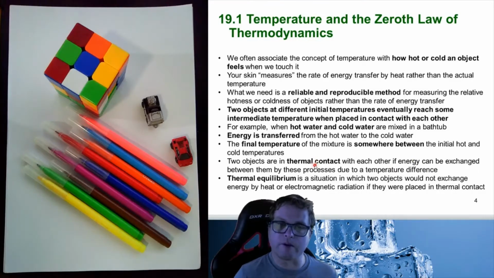When we speak about thermal contact, we're speaking about two objects being in thermal contact with each other if energy can be exchanged between them by these processes due to a temperature difference. When we refer to two objects being in physical contact, we mean that they're actually touching one another, but thermal contact is something different.